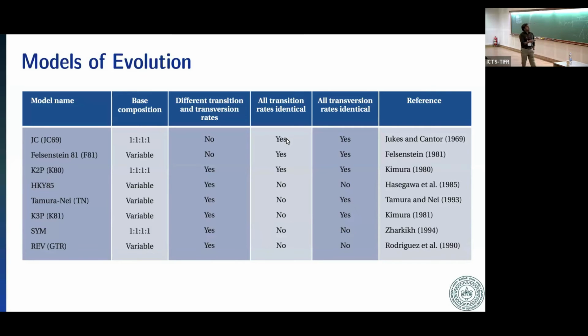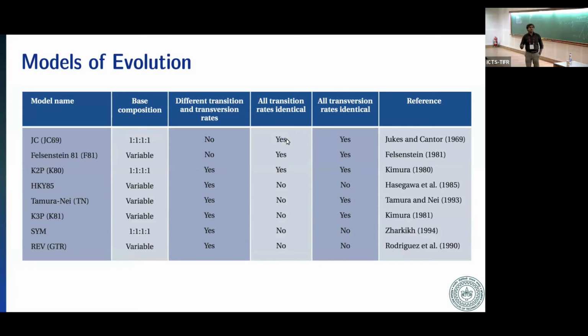It assumes variable base composition, different transition and transversion rates, and even every mutation rate is different, so it consists of more parameters. It becomes more complex, but then you can evaluate all these model parameters and run something like AIC or BIC to determine whether it explains your data better compared to something else.